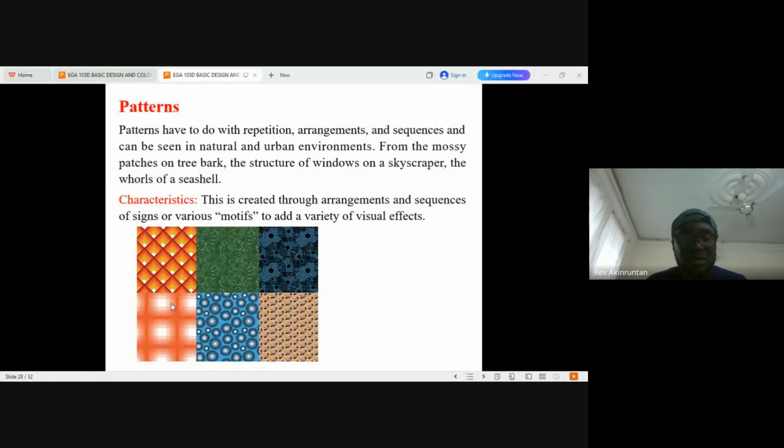Then how you've been able to distribute shape, color, line, texture, and so on, will all be in the work. There are some occasions where the work might not have texture. It's not a work that you might need a higher amount of texture. When I say texture, it doesn't mean it has to be rough before you call it texture.